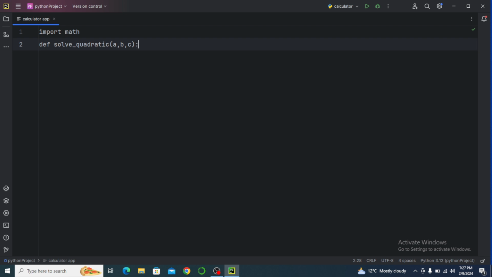So first let's define the discriminant. We can say discriminant is equal to b squared, and for the square in this case we're going to use double star, b double star 2 minus 4 multiplied by a, and multiplied by c. This is our discriminant.